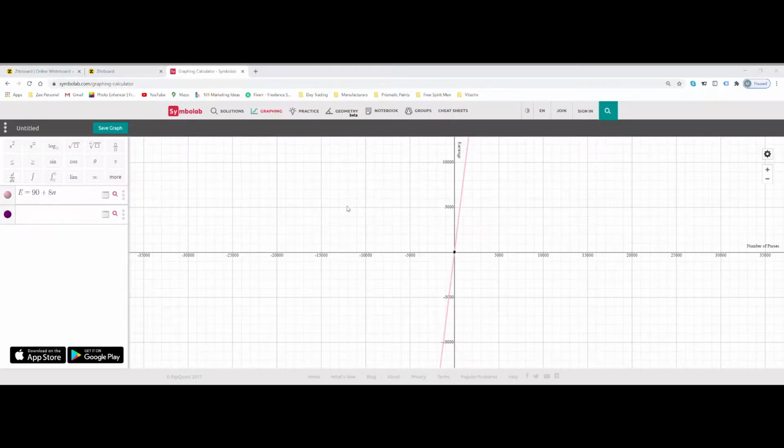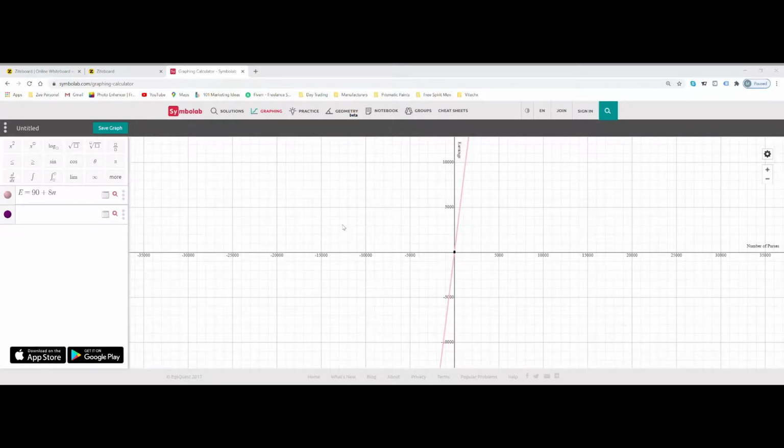So on the paper that's given, the x-axis should be the number of purses and the y-axis should be the earnings. State the window that you used on your calculator in the following format.